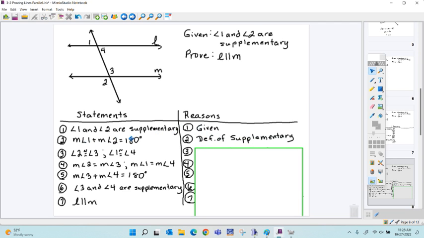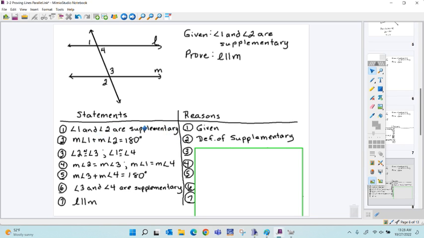So 1 plus 2 equals 180. That's just what supplementary means. So it's the definition of supplementary. Okay, so definitions are basically if you're just saying what it means in a different way. Usually it's taking words and making them into numbers and symbols.